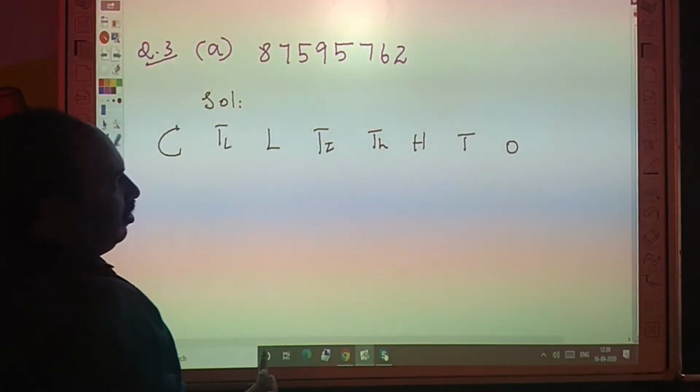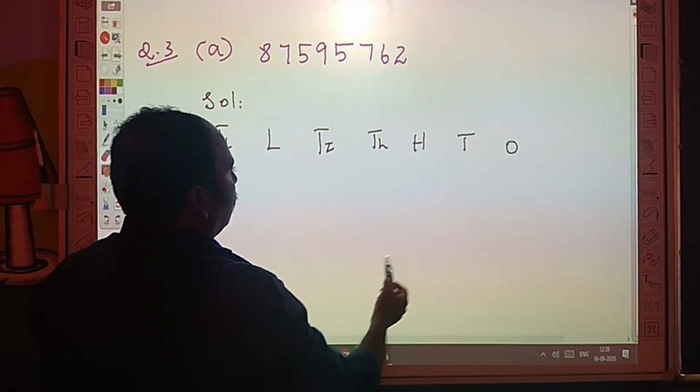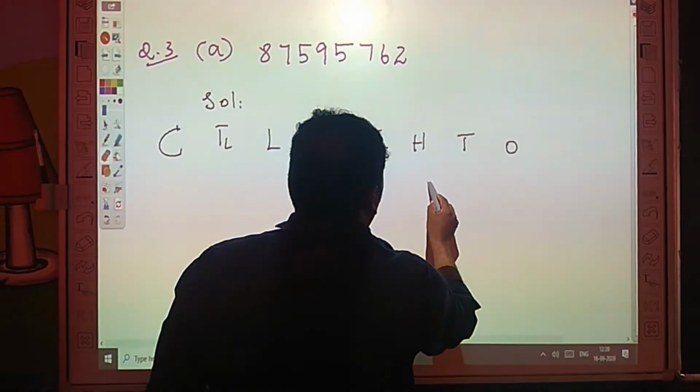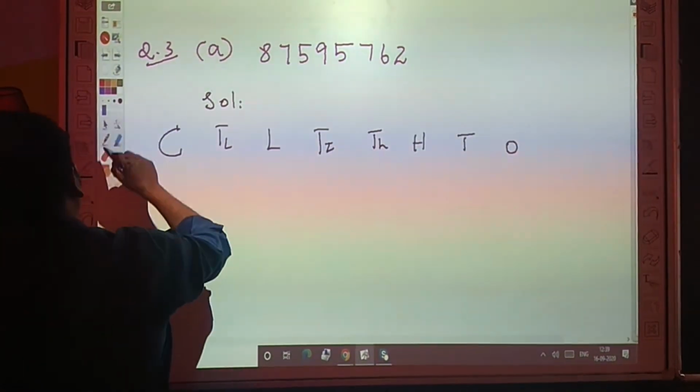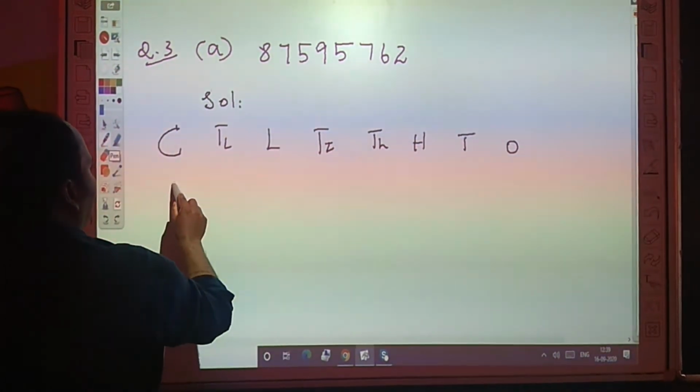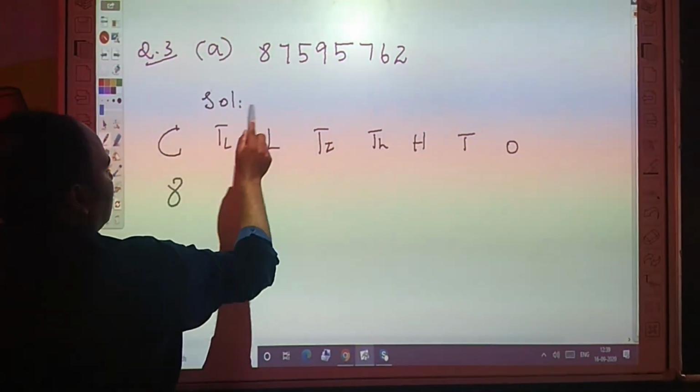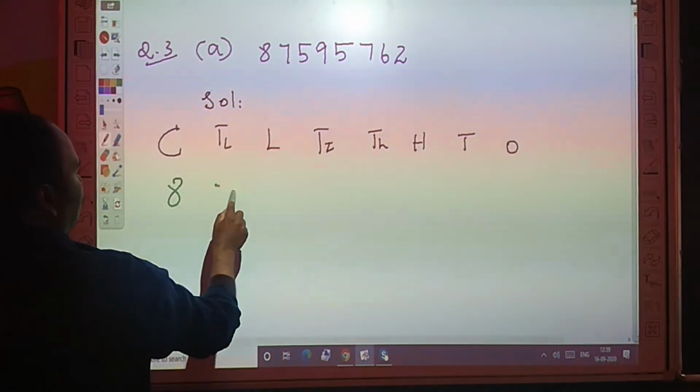First we write the place values. 8 crores, 75 lakhs.